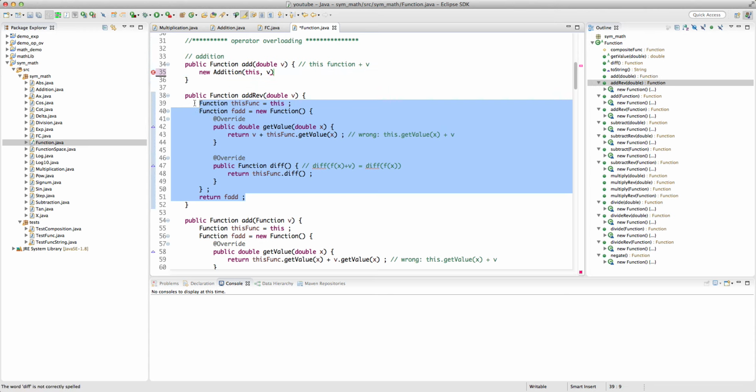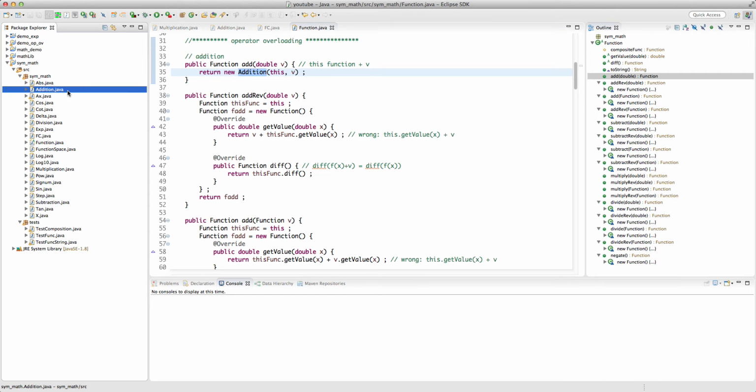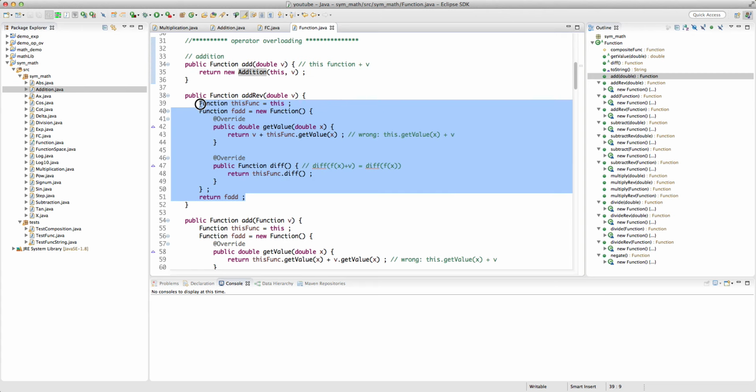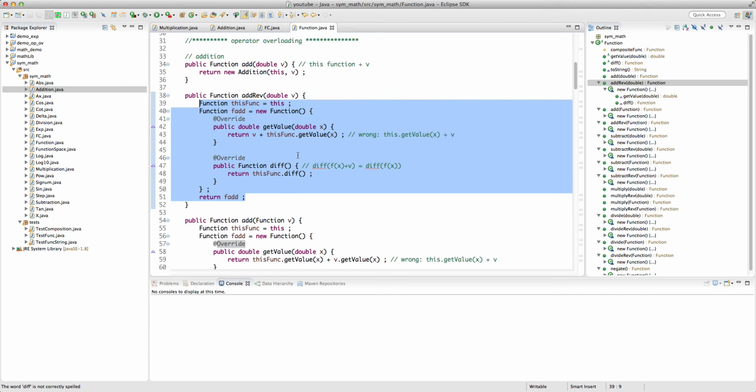The good thing here is that we are avoiding all these anonymous class implementations. Everything is taken care of in the addition as a separate class, and it makes it more general in comparison to having an anonymous class and overriding each method one by one.